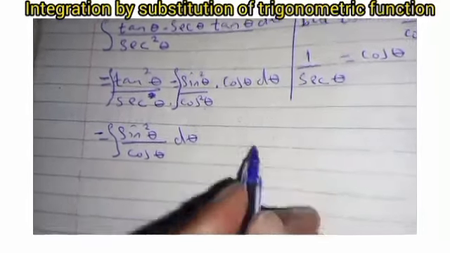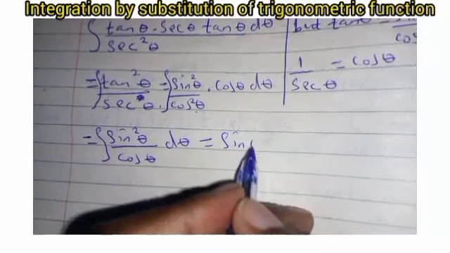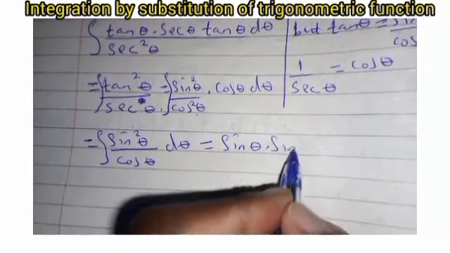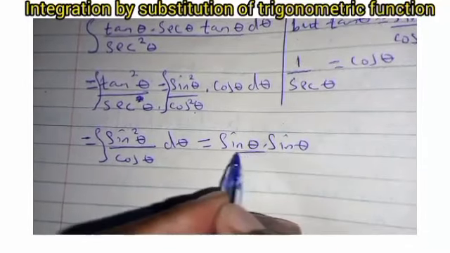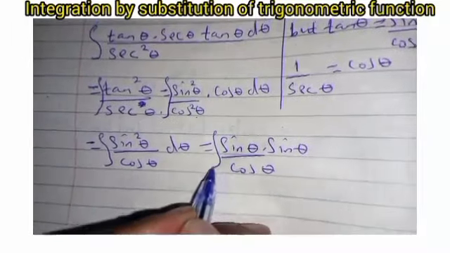One of the cos here will cancel. This can be written as sine theta multiplied by sine theta divided by cos of theta, integral.